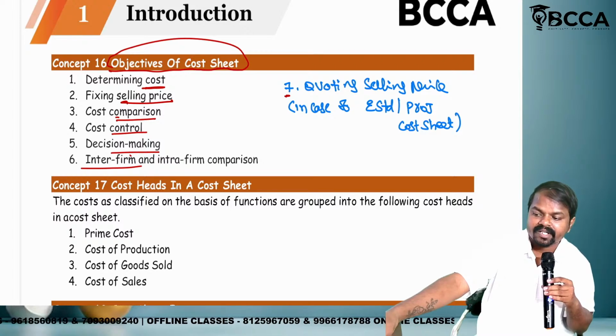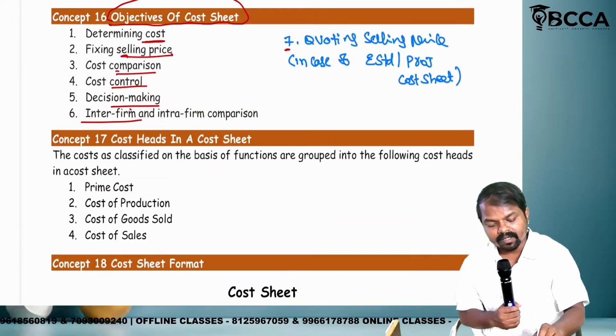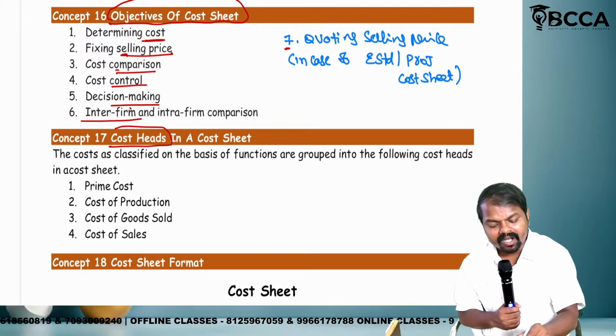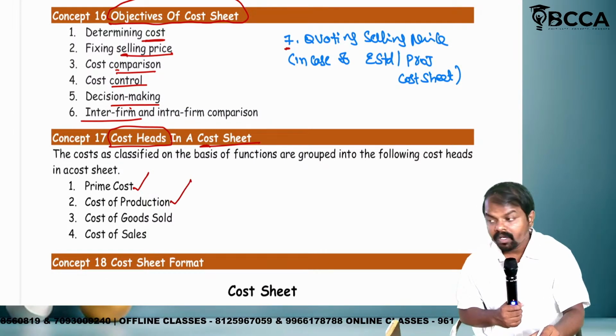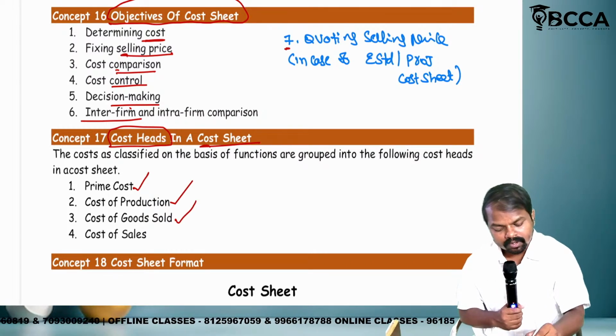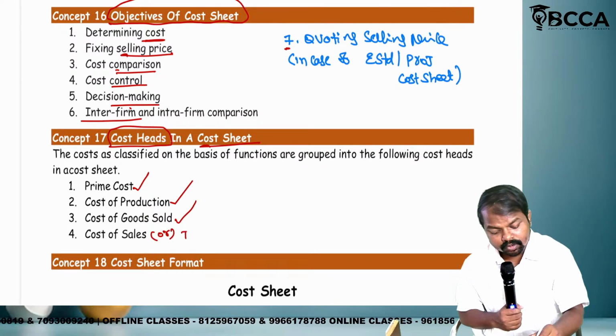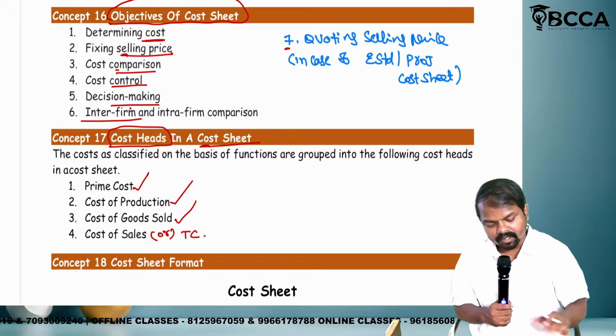Next, concept number 17. What are the cost heads under cost sheet? Prime cost, cost of goods produced or cost of production, cost of goods sold, cost of sales or total cost.